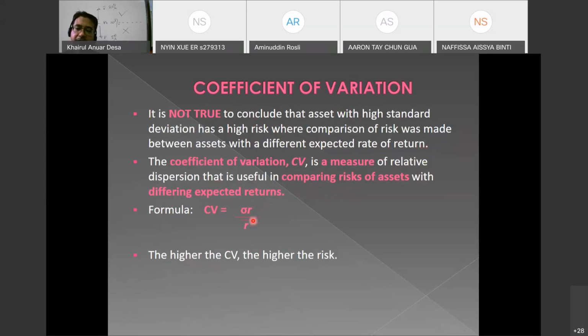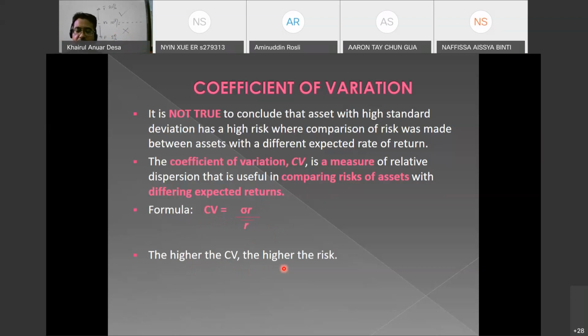The higher the CV, the higher the risk, consistent with the standard deviation. But we use CV to compare two or more companies with different expected rate of return.